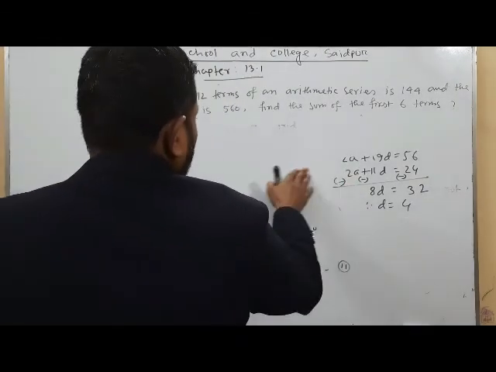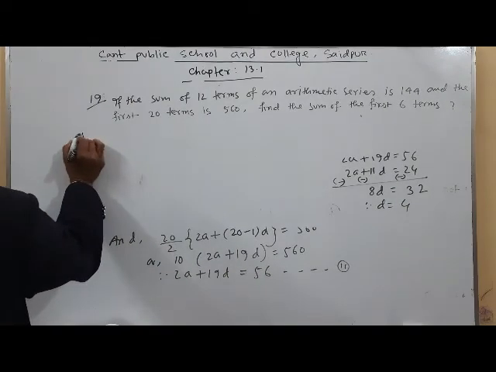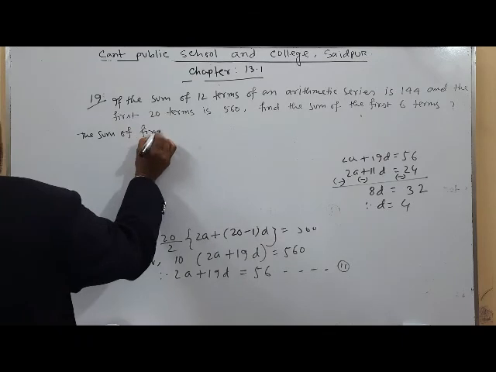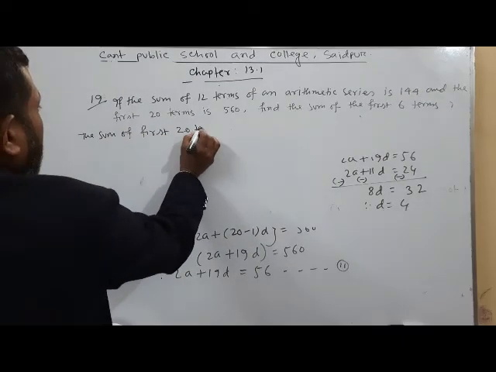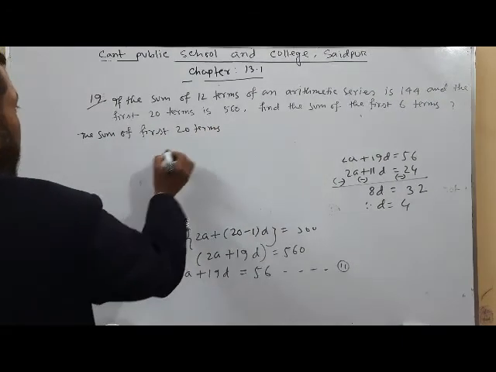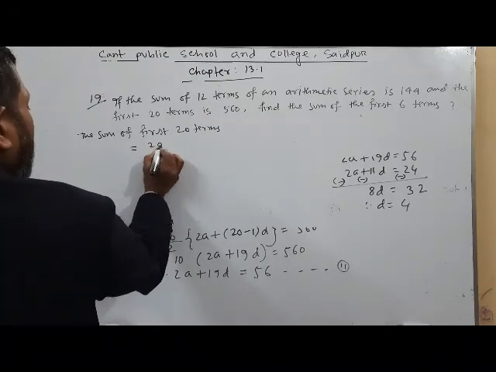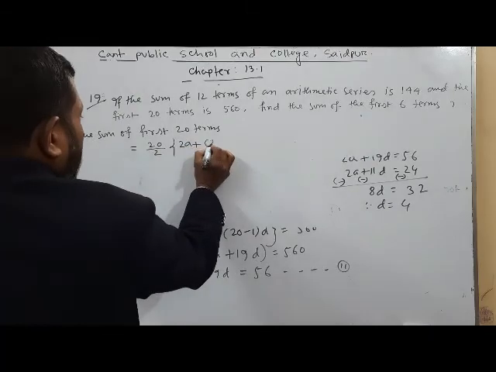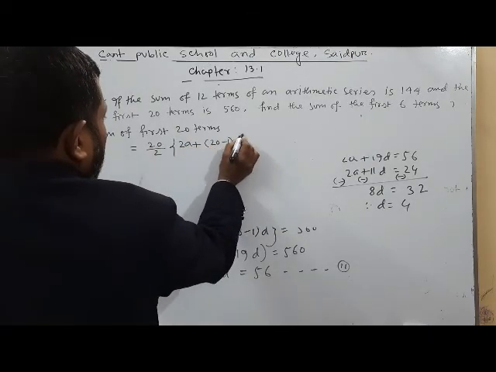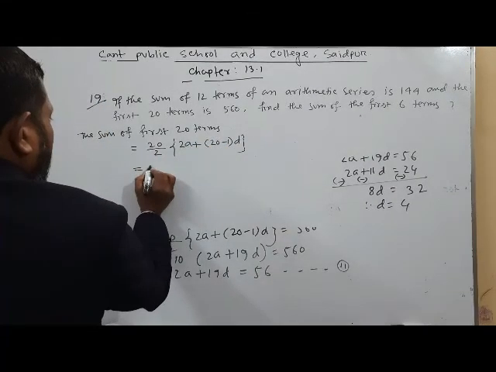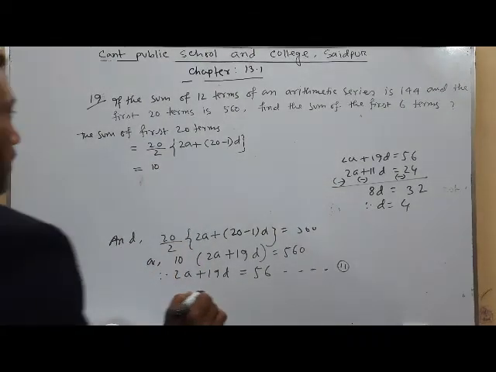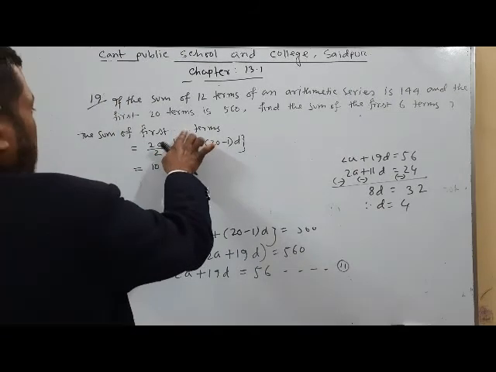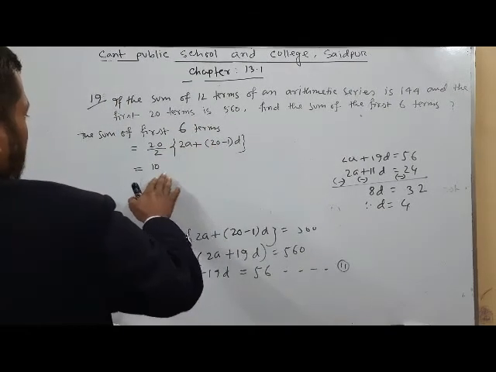The sum of 20 terms will be 20 by 2 times (2A plus 20 minus 1 into D). Sorry, the sum of the first 6 terms will be 6.